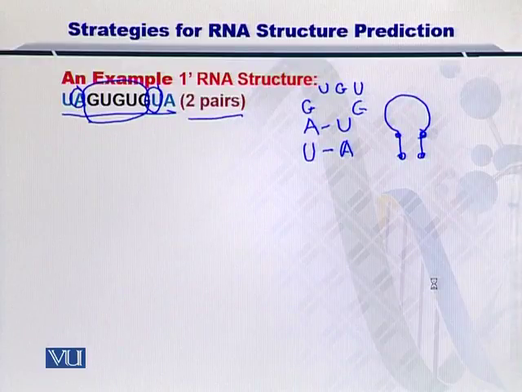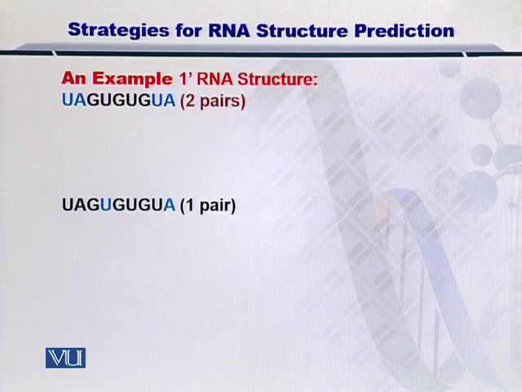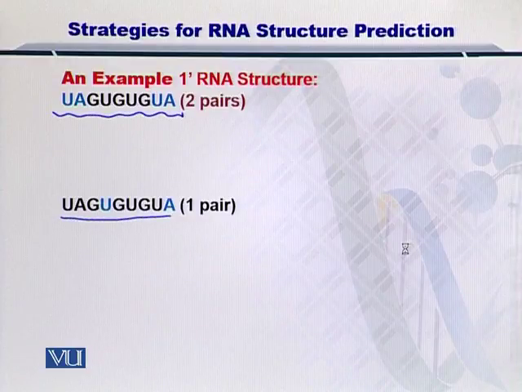Now I will show you another possibility of 2' structure that can arise from the same sequence but different in the 2' structure. Let's see. Here is your sequence that is the same as the previous one, but this time we would like to couple this U with this A. So let's see.